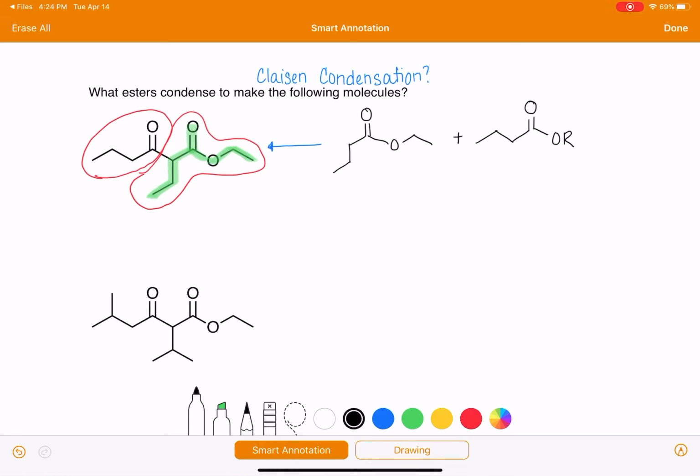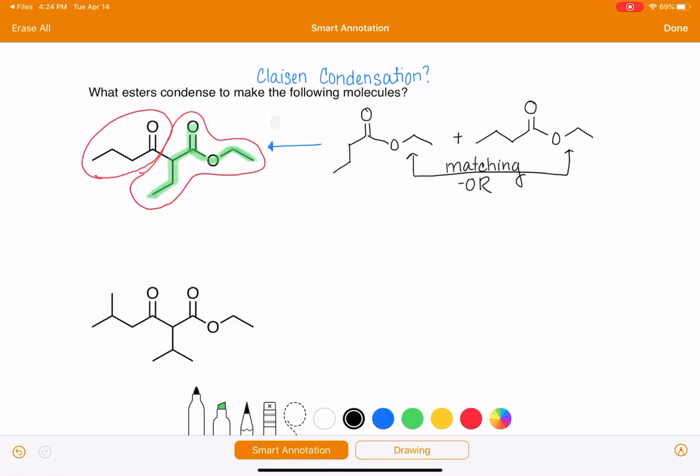It really doesn't matter what this OR group is at all. It could be anything, because whatever it is, it's going away. Typically, that OR group is going to match the OR group of the other ester. So normally, we would see these OR groups matching each other. That's standard, but it's not necessary because, like I said, that OR group goes away.